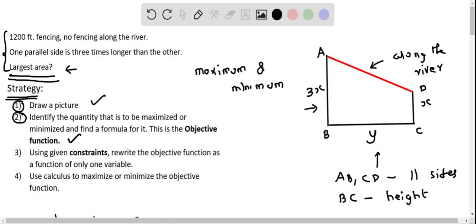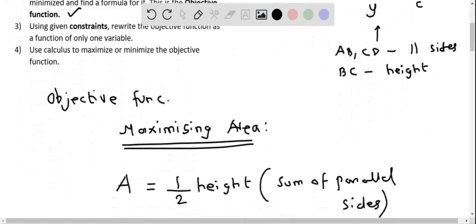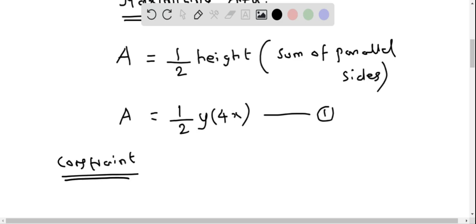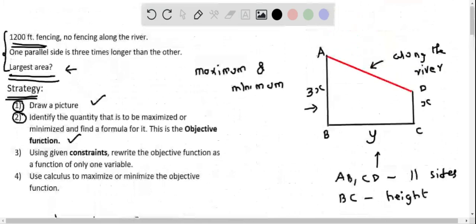Now let's move on to step 3. In step 3, we have to identify the constraints. If you look at the problem, we have this 1,200 feet of fencing. So we can utilize this information to create the constraint. Let's call this equation number 1. We know that the fencing is basically the perimeter of the trapezoid. In our problem, we are not including the side which is along the river.